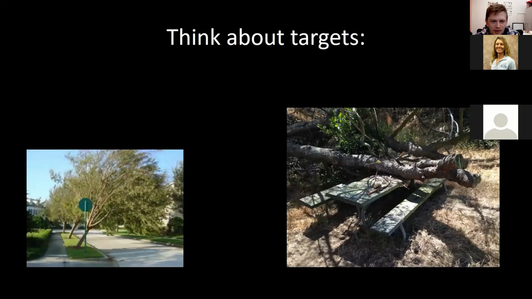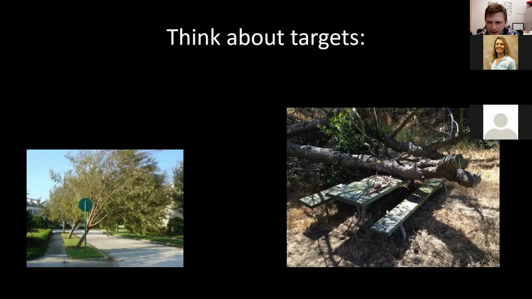You might not have a lot of control over some of the conditions that your tree has, but sometimes you might have control over the environment where the tree might fall, or the targets or risk features. So the thing to keep in mind is these targets. For example, if there's a tree that is not looking very good and you can move a bench or something like that away from it.